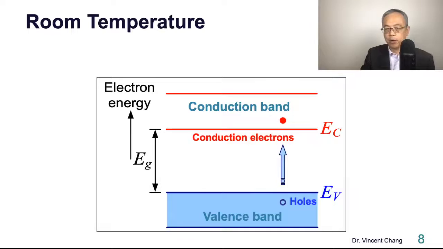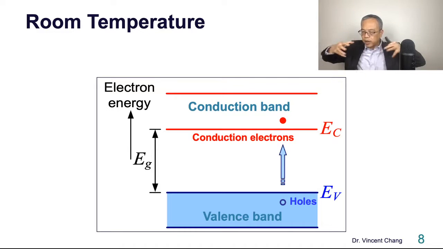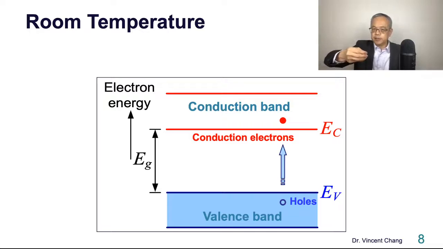In the same way, if there's a vacancy in the valence band, it will attract the surrounding valence electrons to occupy the seat. But it's a very complicated process to describe the valence electrons' seat-occupying behavior.